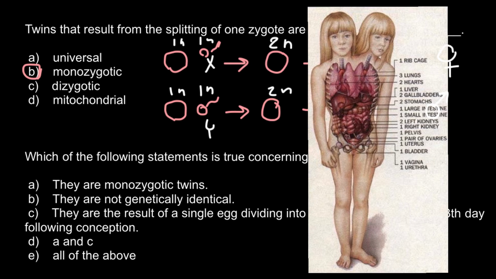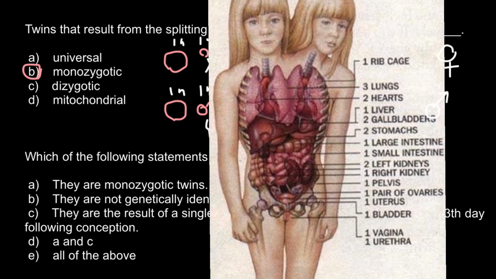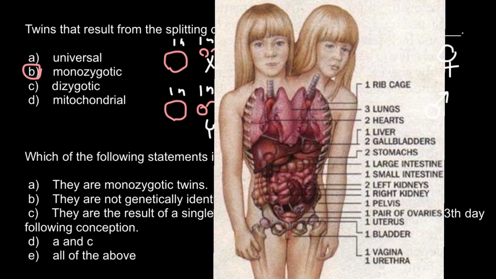As you see here, we have one rib cage in this picture, 3 lungs, so 1 lung, a second lung, and 1 joined lung, 2 hearts, 1 liver, 2 bladders, 2 stomachs, and 1 large intestine, 1 small intestine, 2 left kidneys and 1 right kidney, 1 pelvis, 1 pair of ovaries, 1 uterus, 1 bladder, 1 vagina, and 1 urethra.